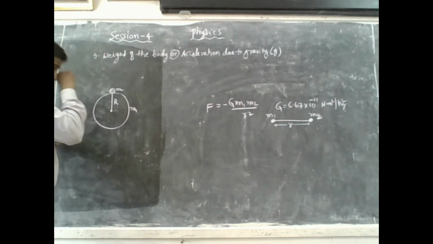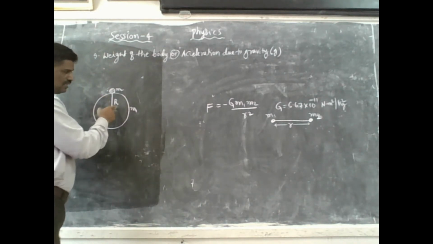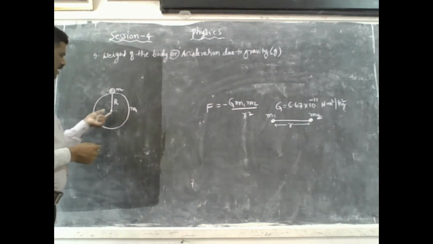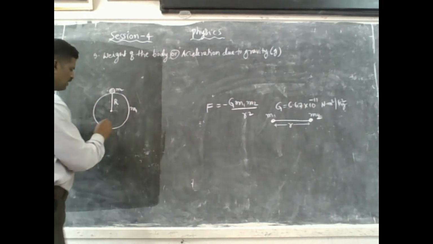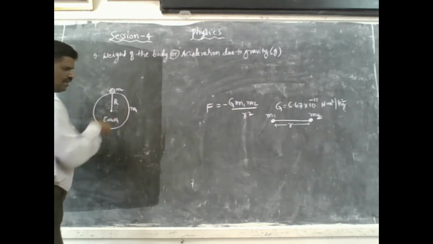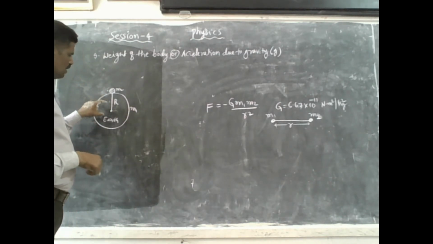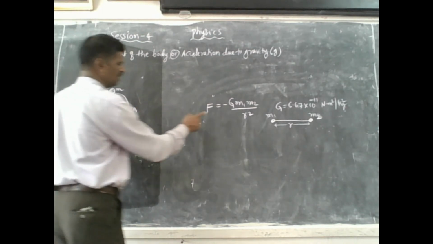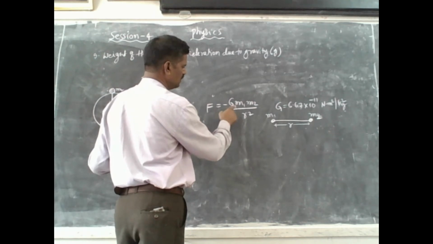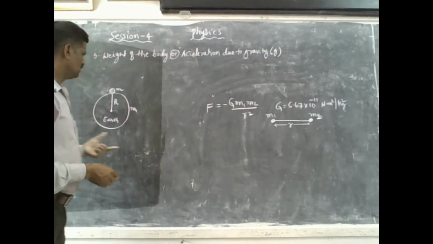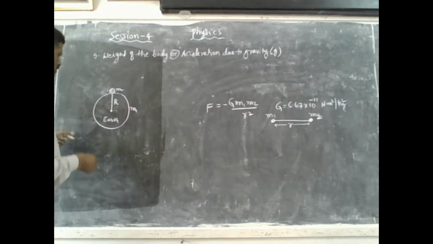So their distance is r. Therefore the force of attraction between the two particles, it may be the earth, is F equal to minus G m1 m2 divided by r square, isn't it?